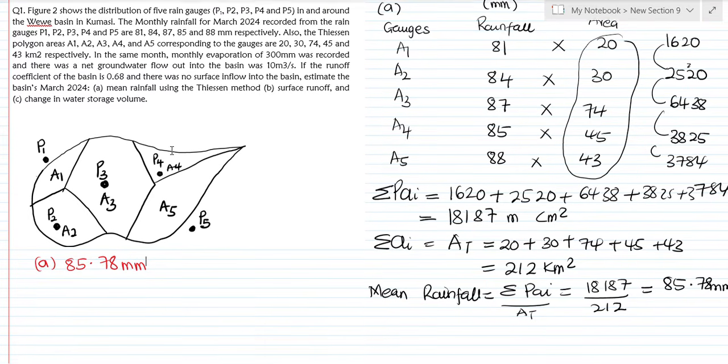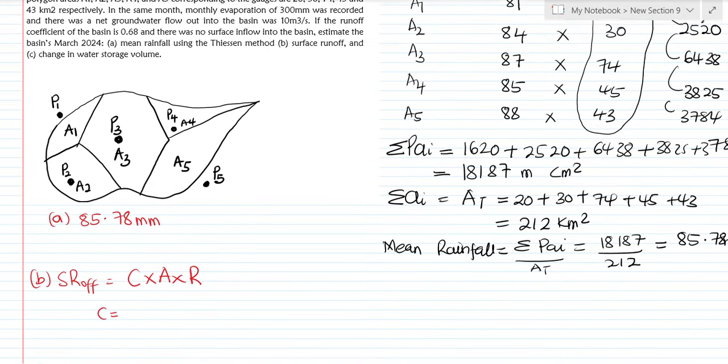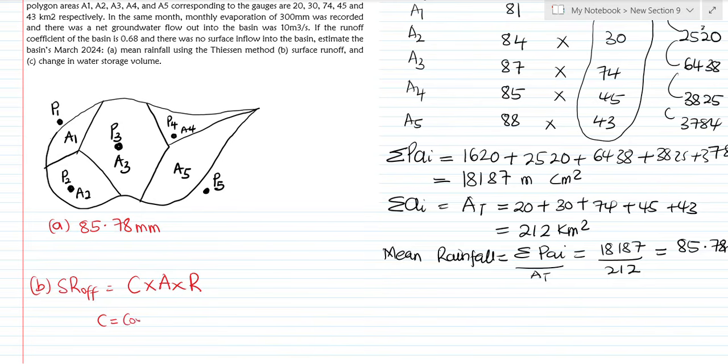The surface runoff. Now, what is surface runoff? Let me come here, B. Surface runoff is given by the equation C times A times R, where C is equal to the coefficient of the basin, A is equal to the area of the basin, and R is the mean rainfall.